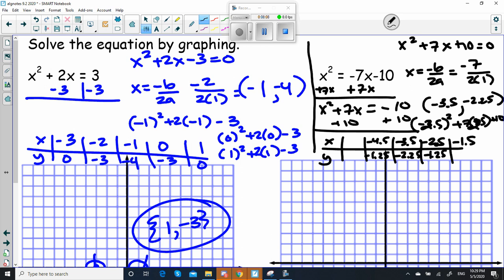That gives me 1.75. Let me check that again just to make sure.